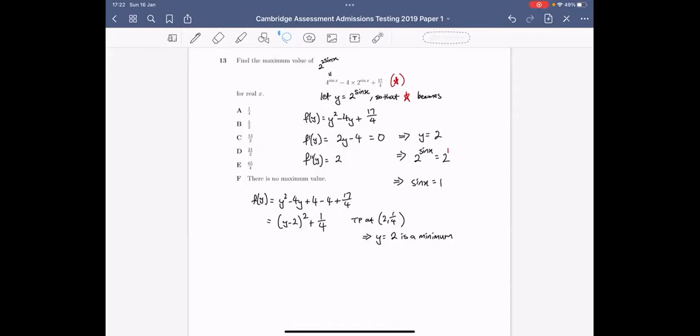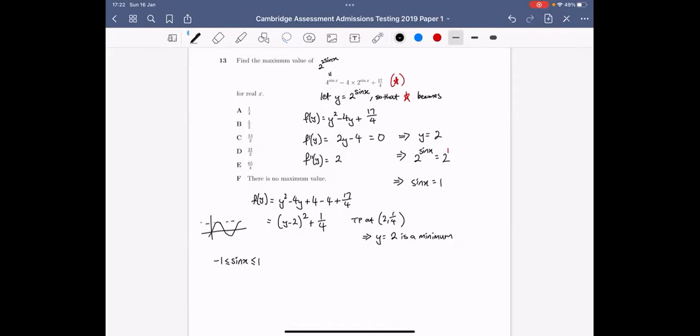Okay, we know that sine is bounded between -1 and 1. So here's a graph of sine.